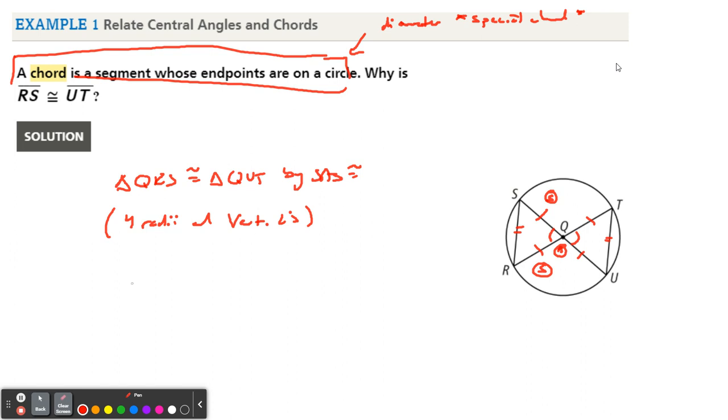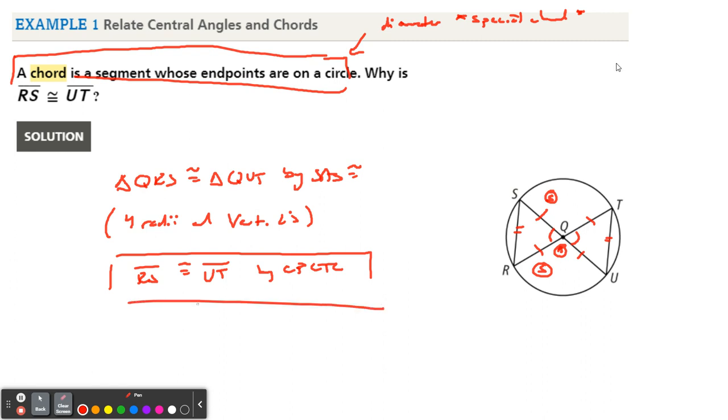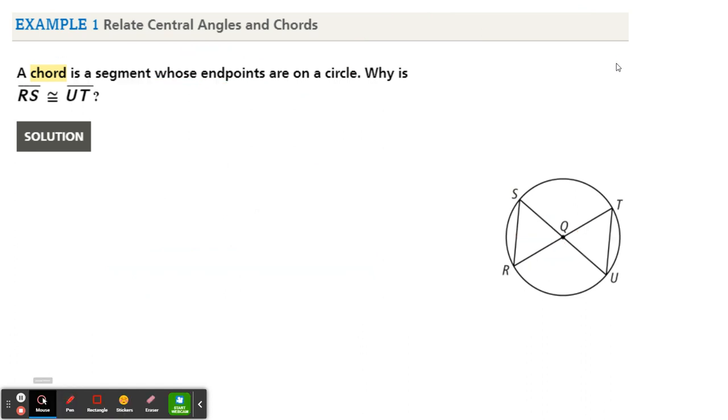So then because those triangles are congruent, yes, segment RS is congruent to segment UT, and that's by CPCTC. Corresponding parts of congruent triangles are congruent. So like I said, very geometry EE. Proofs. Not a formal proof, but still proof.